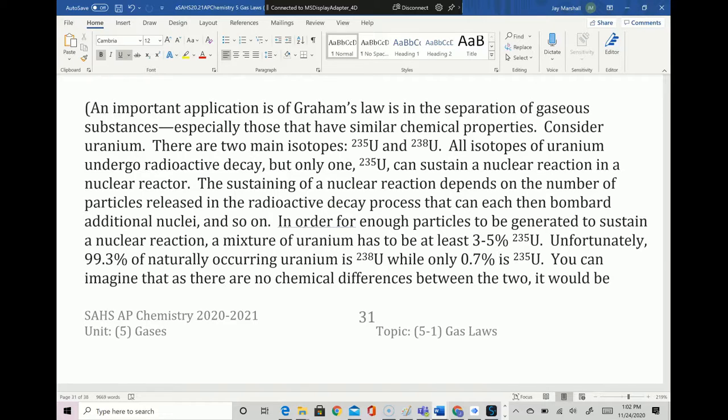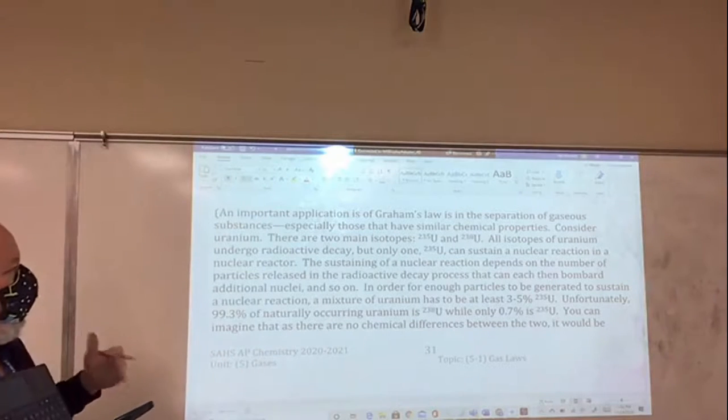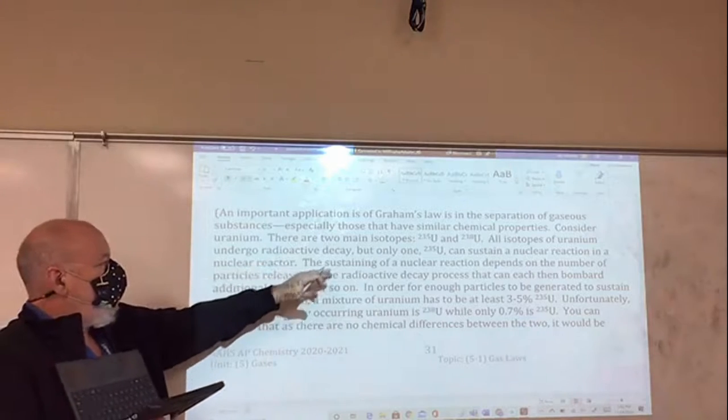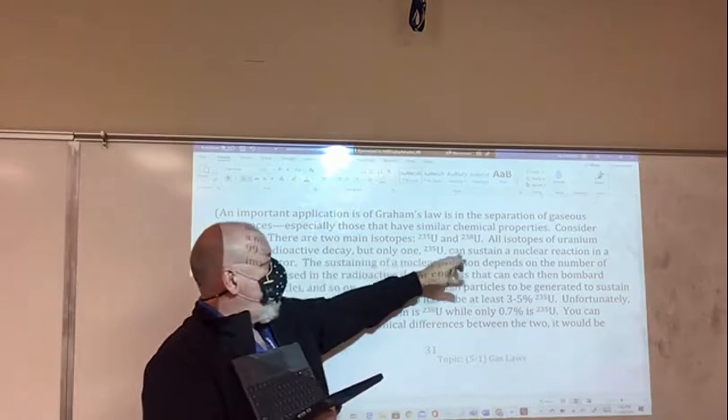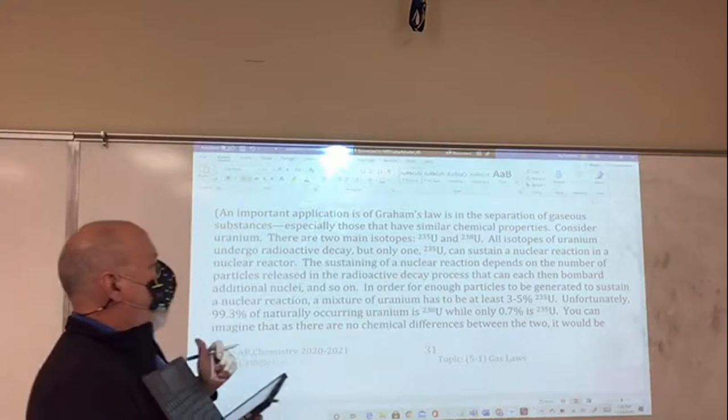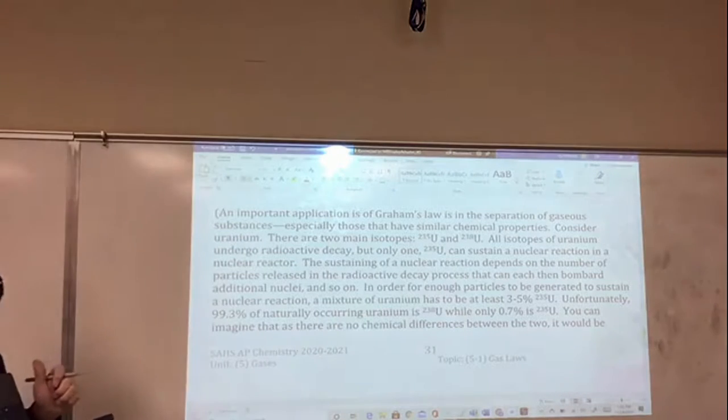There are 2 main isotopes, uranium-235 and uranium-238, and I would not be able to separate those in any chemical way. There's no chemical way that I could separate them based on their molar mass. They're the same compound, right? They just have a different number of neutrons. All isotopes of uranium undergo radioactive decay, but only one, uranium-235, can sustain a nuclear reaction in a nuclear reactor.